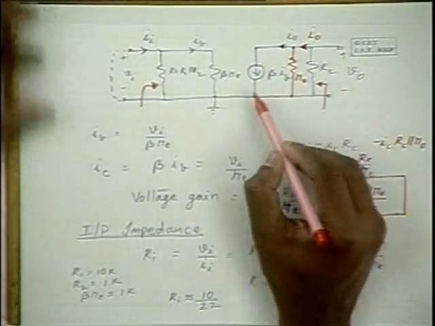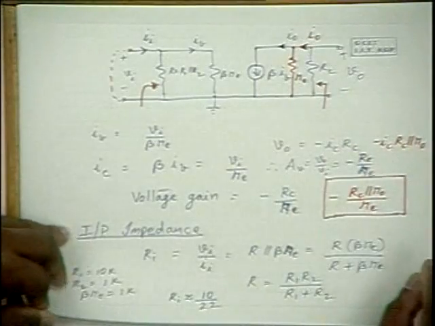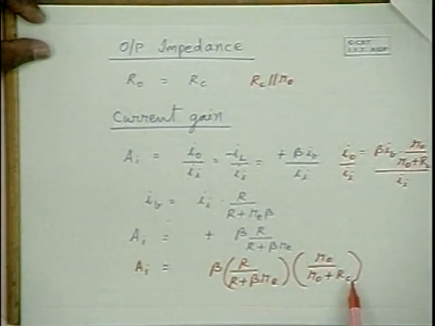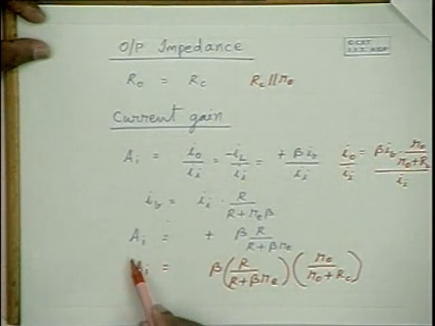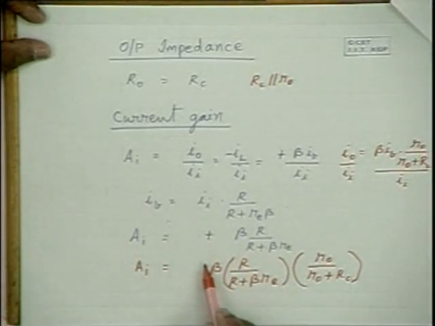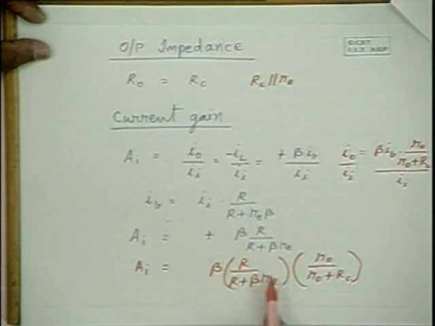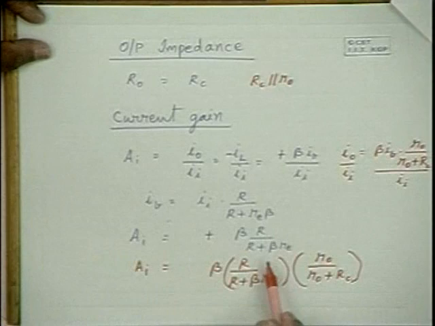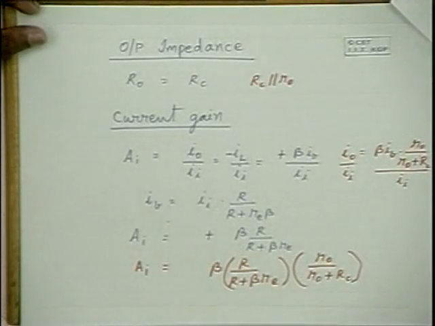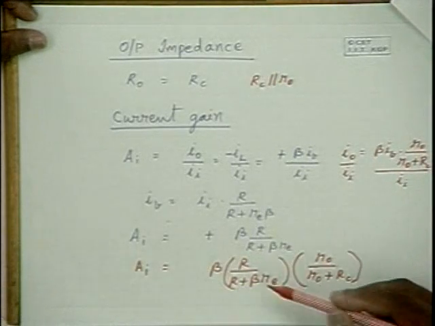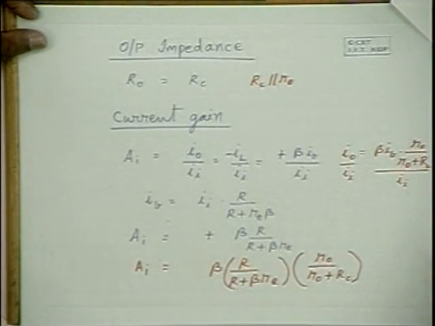So because of this division, we have an additional term coming into picture, that is R naught by R naught plus RC. Hence, the current gain of the amplifier circuit is equivalent to the current gain of the transistor multiplied by the input side fraction and output side fraction, which are generated by the current division on the input and output sides respectively. Is it clear?